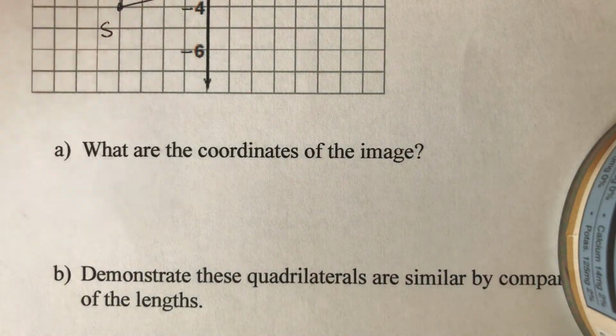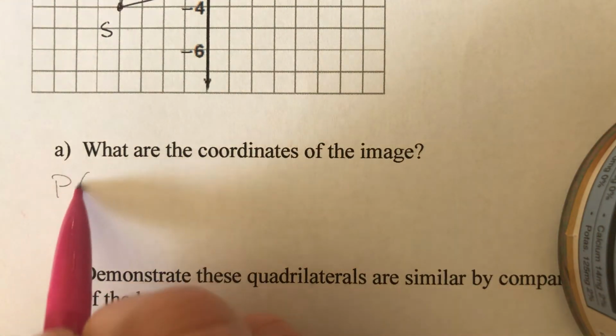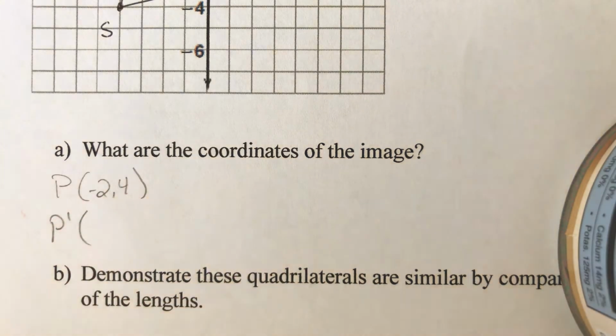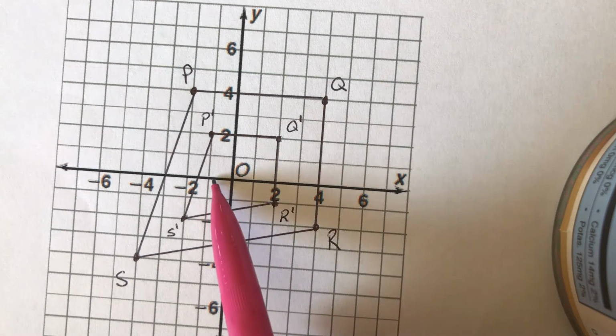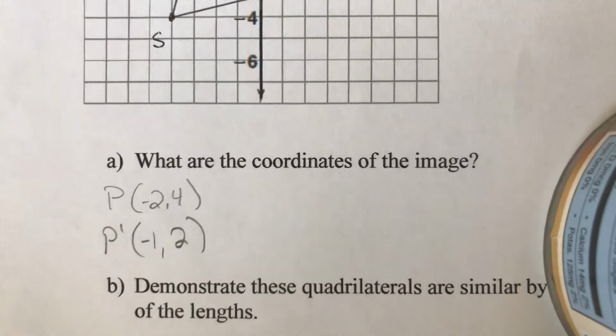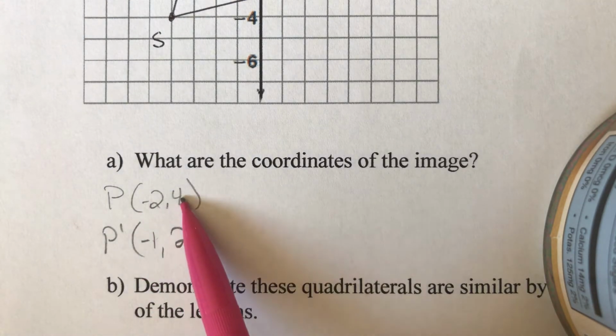So let's look at the coordinates and compare and see how that half comes into play. We were given the coordinates of the original. I could rewrite them here too so that you can compare them. If I'm looking at just P, I've got -2, 4. Now P prime is -1, 2. Comparing those two coordinates, -1 is 1/2 of -2, and 2 is 1/2 of 4.